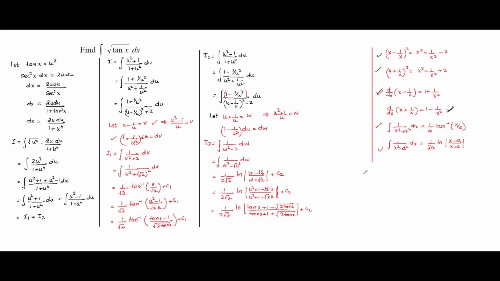So now we shall write it as integration of square root of tangent of x dx equals 1 over root 2 tangent inverse tan x minus 1 over square root of 2 tangent x plus the second one 1 over 2 root 2 ln tangent x plus 1 minus square root of 2 tangent x whole over tangent of x plus 1 plus square root of 2 tangent x, and c1 plus c2 becomes another constant c.